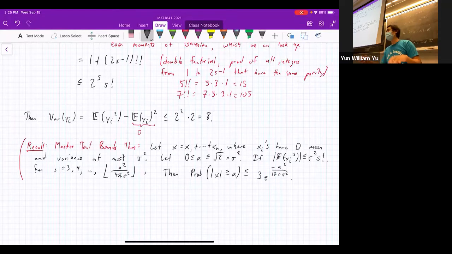Okay, so that's just a theorem that we mentioned last time. We gave a proof sketch, we didn't actually prove it.